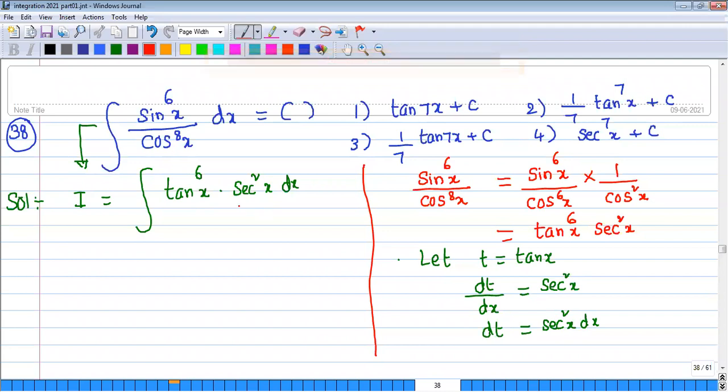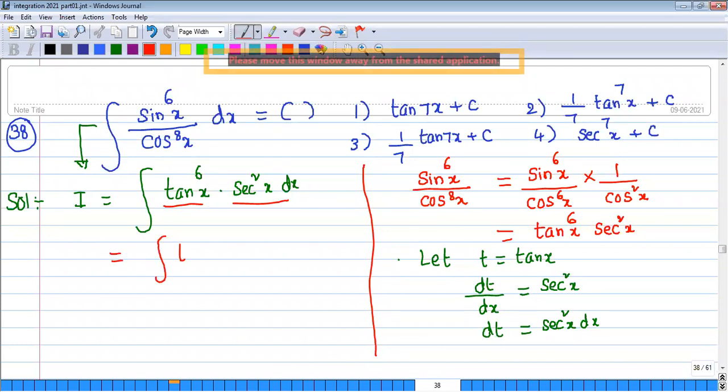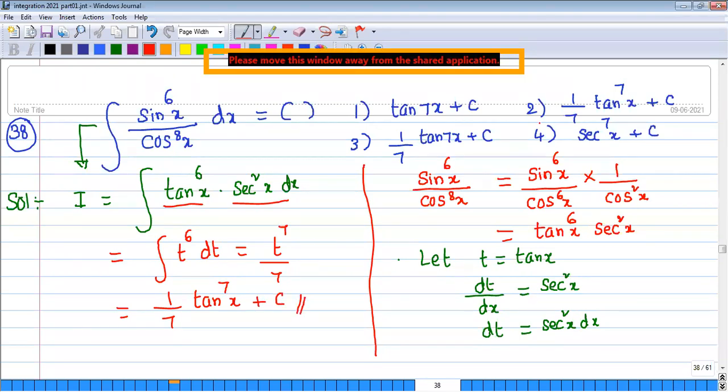So in the place of tan x is t, this is integral t power 6 dt. T power 7 by 7. T stands for tan x. So 1 upon 7 tan x to the power of 7 plus constant of integration. Yes, you are correct. Second option is the right option.